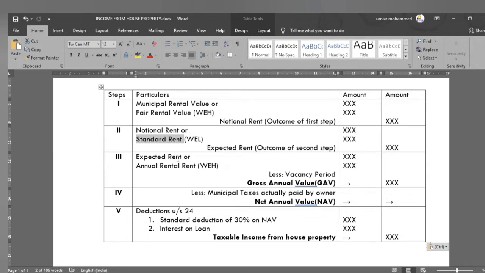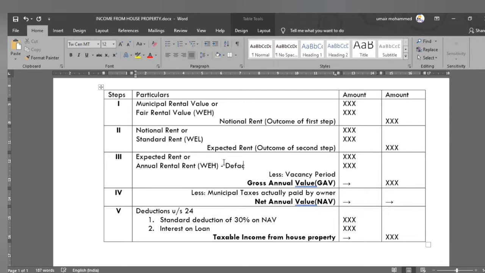And in the third step, we compare the expected rent with the annual rental value. Now, annual rental value is a very familiar term for all of you, because when we say annual rental value, that's the actual rent collected by the owner of the house or the landlord of the house from the tenant. And that's the reason this is also known as de facto rent, the actual rent.